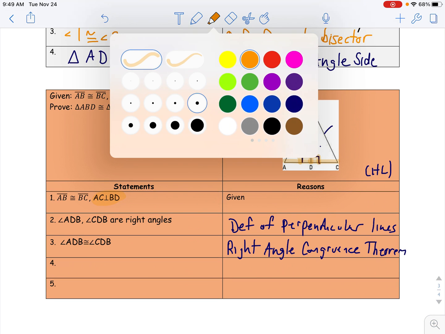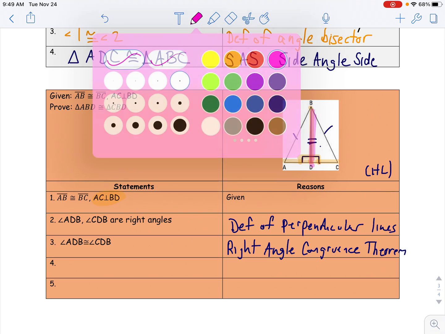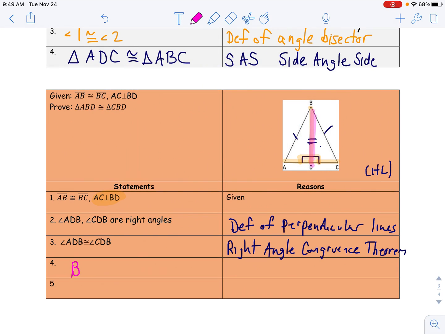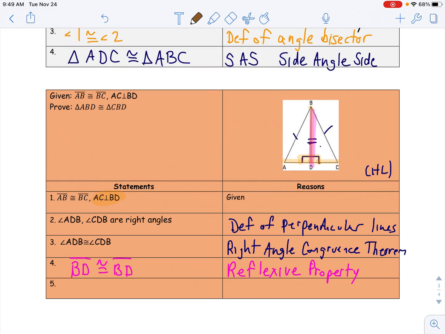All right, now I said this was a little foreshadowing. Let's specifically talk about it right now. BD is going to be congruent to BD. It's a shared side, reflexive property. Thus, I have enough information to say triangle ABD is congruent to triangle CBD.